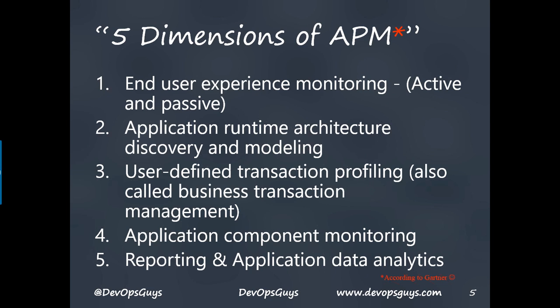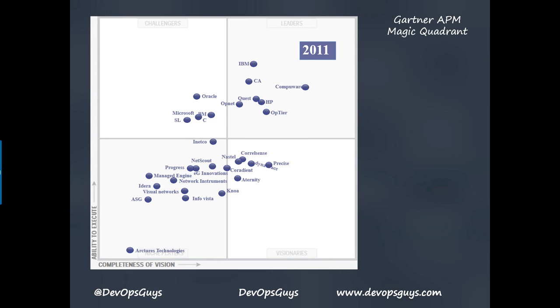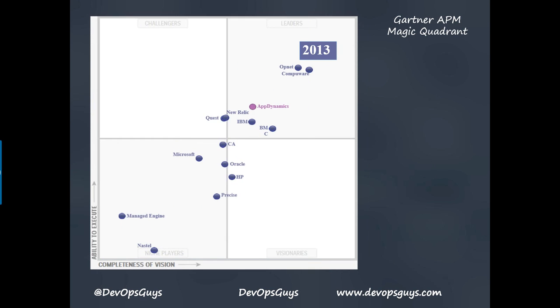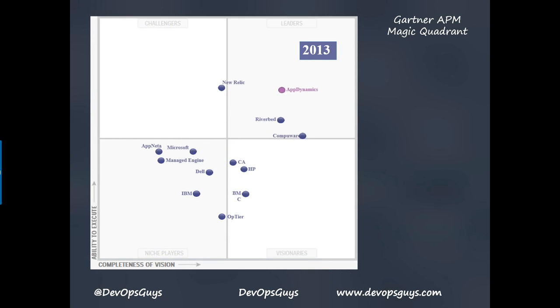So 5 dimensions of APM, which I've talked you through. Do you need to recap on those, or does that make sense? Okay, cool. So this was the Gartner Magic Quadrant that I was talking about. And as I said, we can walk through this lovely animation.